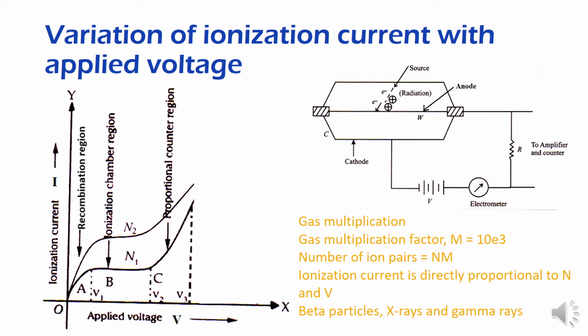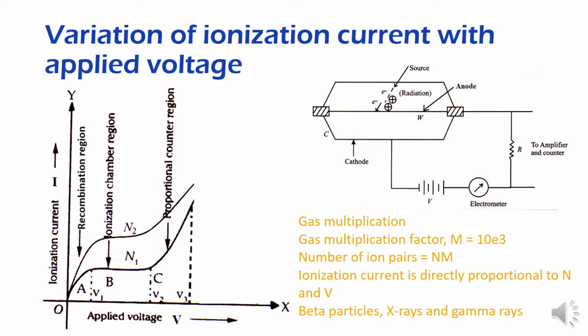Now this is because here we are getting more current because of the production of a very large number of electron ion pairs, and this is due to the simultaneous occurrence of two types of ionization. One is primary and another one is secondary ionization.